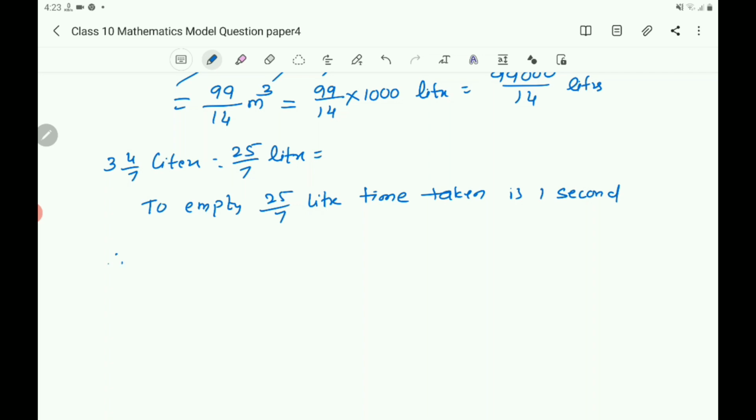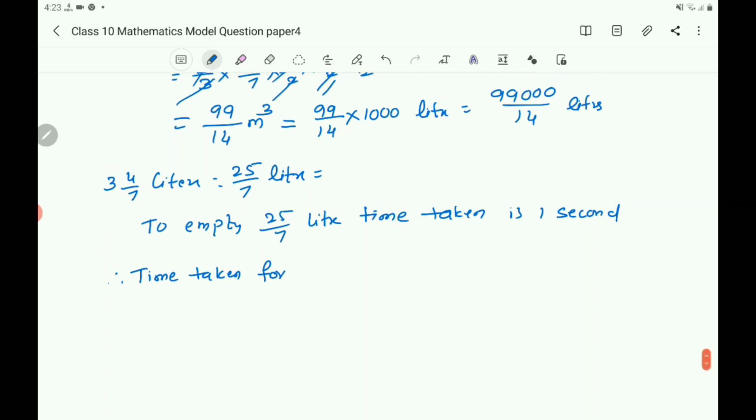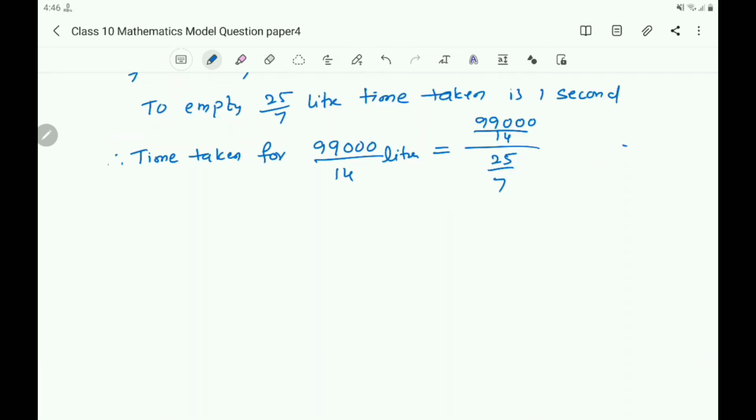Therefore, the time taken for 99,000/14 liters equals 99,000/14 divided by 25/7.